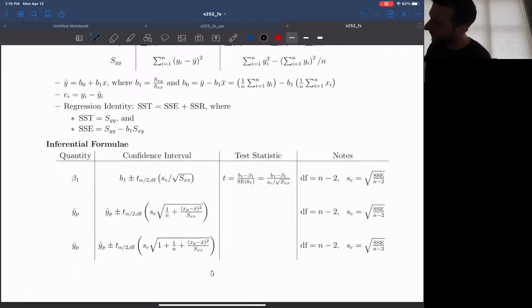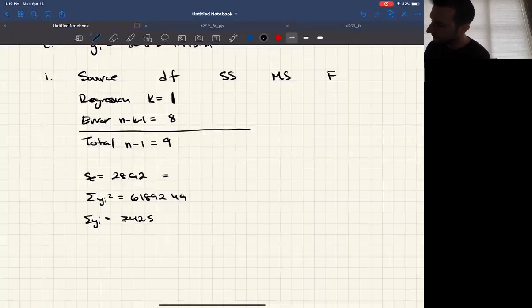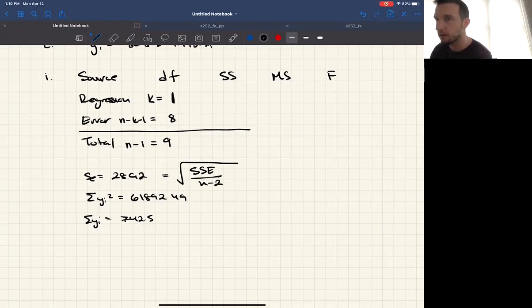You can see in the formula sheet that we have a note that little SE is equal to the square root of SSE over n minus 2 in the case of SLR.